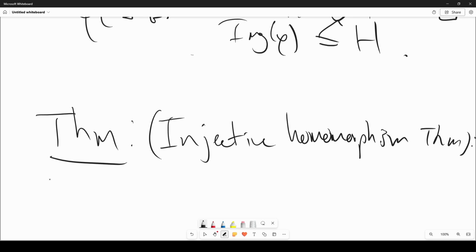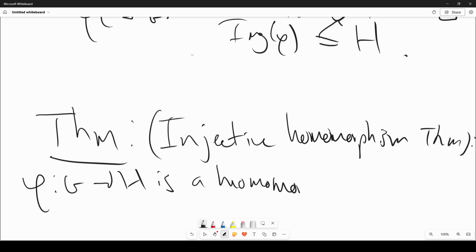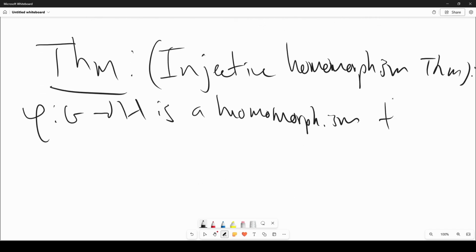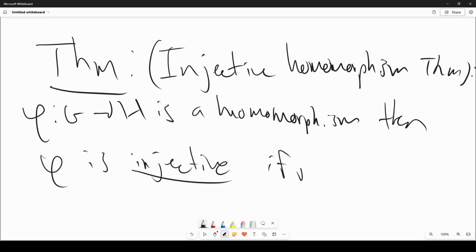It says if phi from G to H is a homomorphism, then phi is injective if and only if the kernel of phi is just 1_G, the trivial group, the thing that's only the identity.